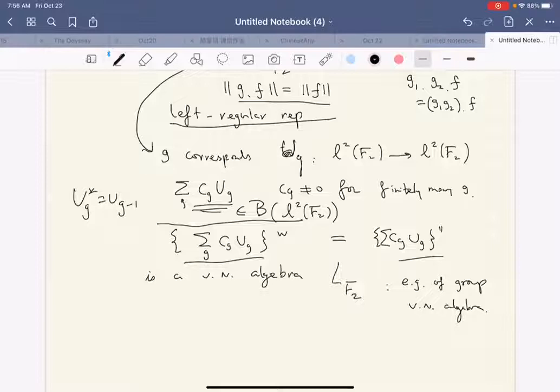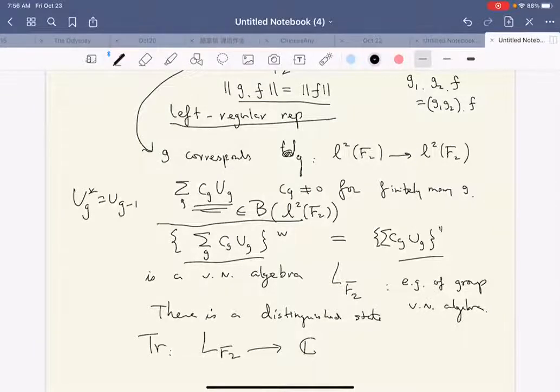Now, this group von Neumann algebra has a very distinguished state, which I denote by trace.